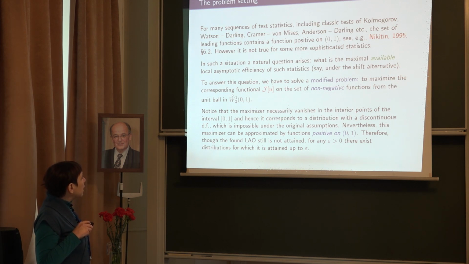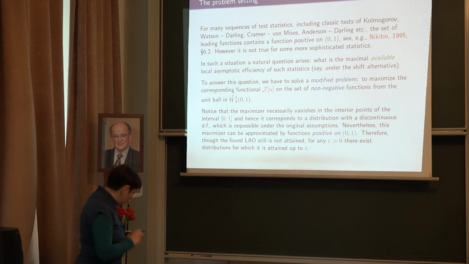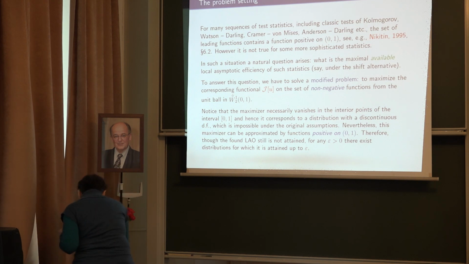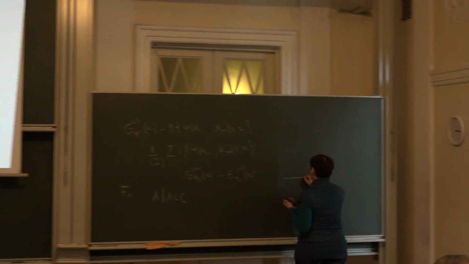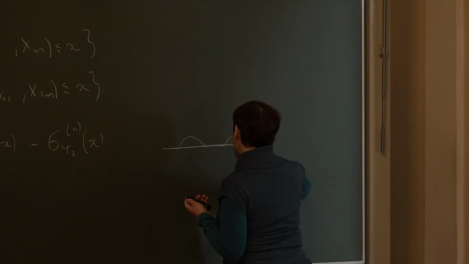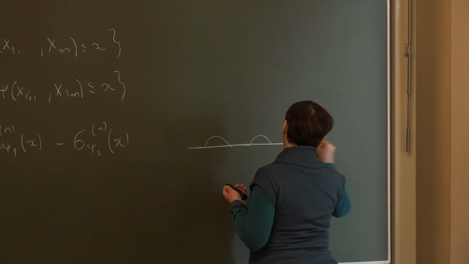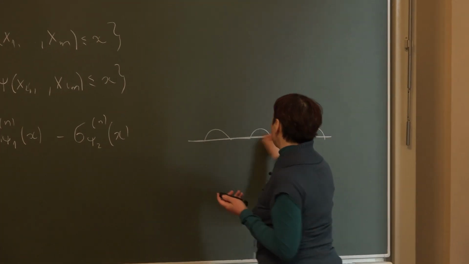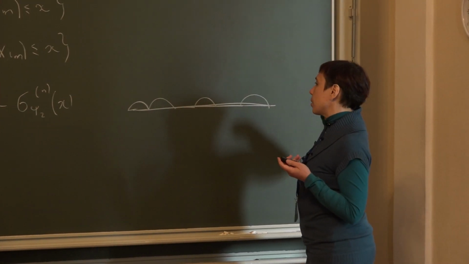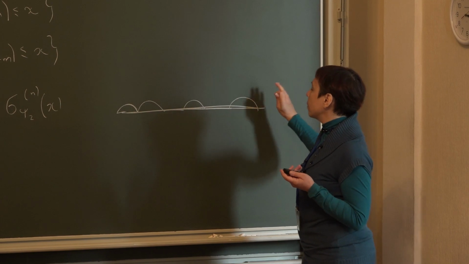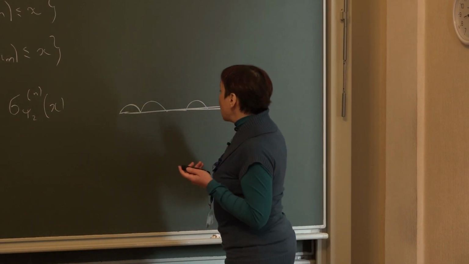But in our case, for example, if the maximizer has the form, we can see which form it has in reality. For example, if it has the form of something like this, we shall see that it's quite another thing, but why not?